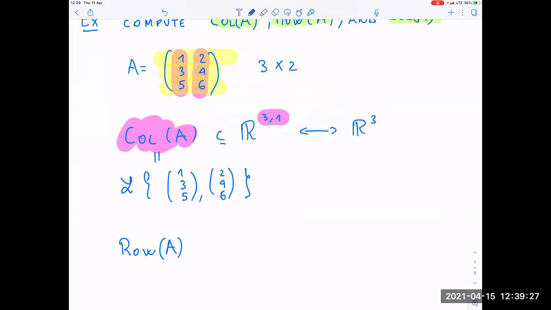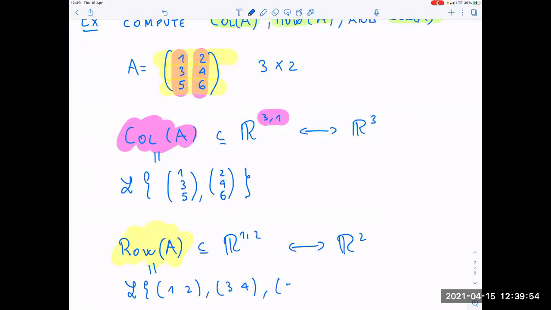So it is inside R1 by 2, which you can say, well, it is not much different from R2. And I agree, it's not much different, but they are not equal. Okay, they can be identified, right? And so you say, well, this is generated by 3 rows, (1, 2), (3, 4), (5, 6).